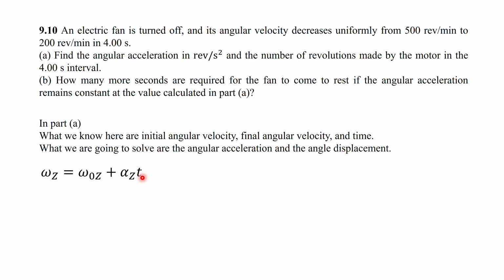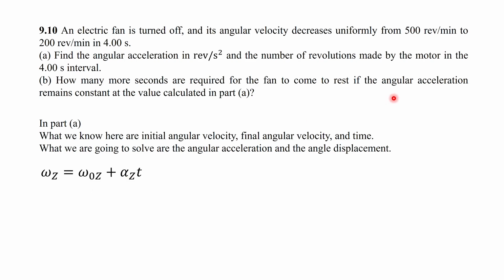But before we do the calculation, we need to convert the unit. The question asks us to use this unit, but what we have is revolutions per minute. So we are going to convert revolutions per minute to revolutions per second. For this conversion, we have the relation that 1 minute is 60 seconds.